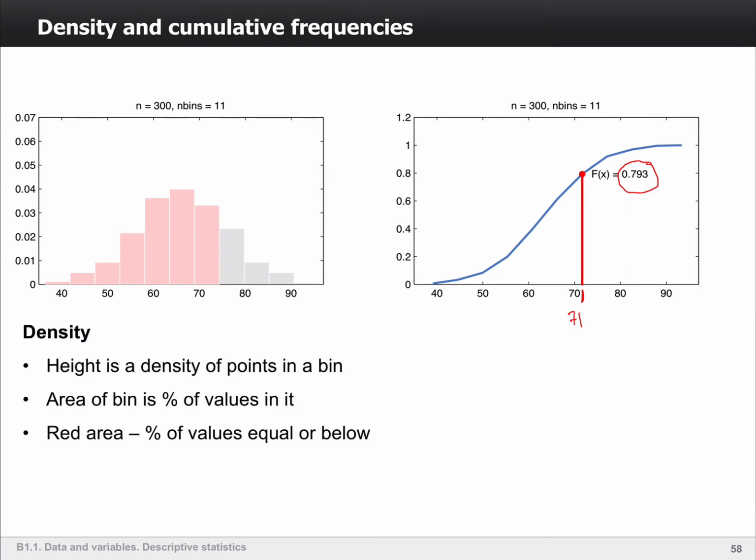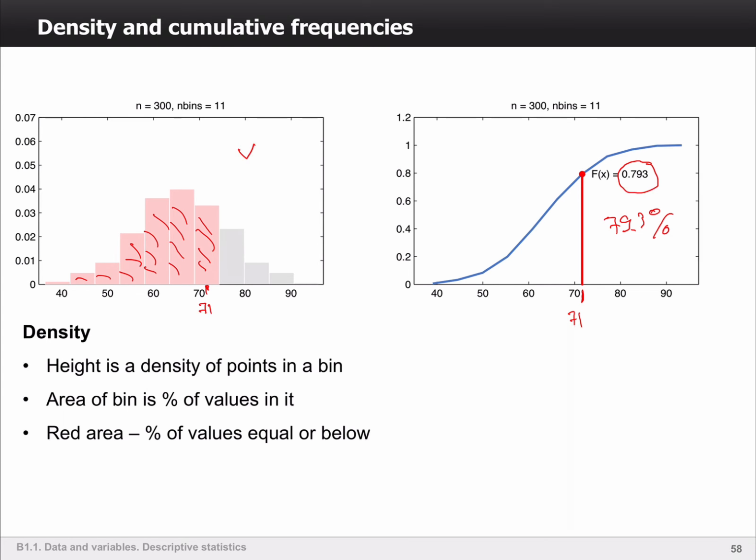So it means that 79.3% of values are below 71. Okay, so the point on this curve corresponds to the area on this distribution. This is the density distribution. So if you see this 71 is here, and how many values do we have below 71? Well, it's the total area of all these bars on the left.